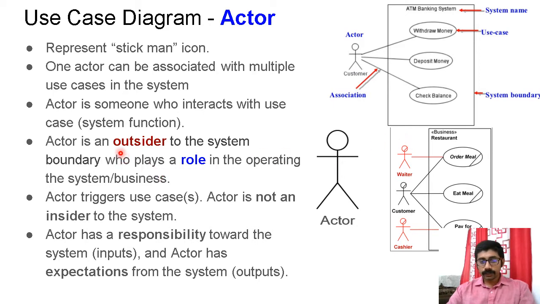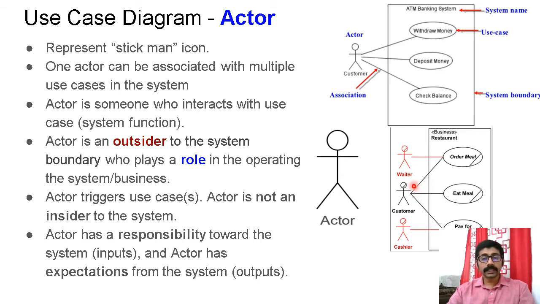Another point we need to remember is that an actor is an outsider to the system. A very common mistake when we identify the actors is this: consider the case of this small use case diagram. Here, waiter, customer, cashier. We are preparing the business use case for a restaurant. This is an incorrect way of identifying the actors.